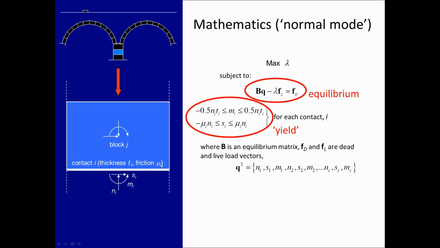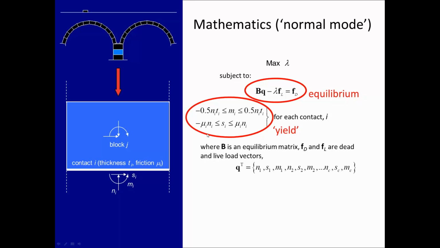So the equilibrium is just simply saying that we must have equilibrium in the X, Y and rotational sense. The yield condition is saying that, for example, the shear force is limited by the coefficient of friction and the magnitude of normal force. And also the moment is limited by the value of normal force and the thickness of the masonry.